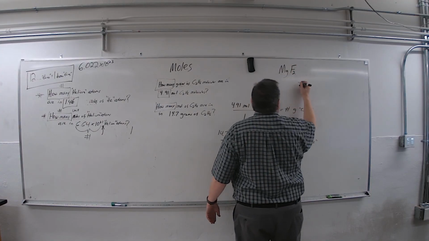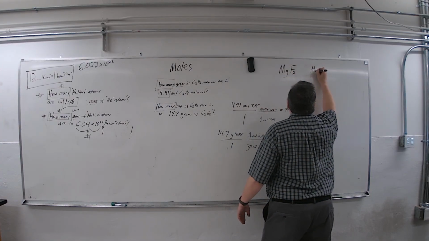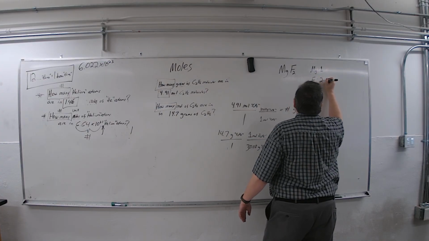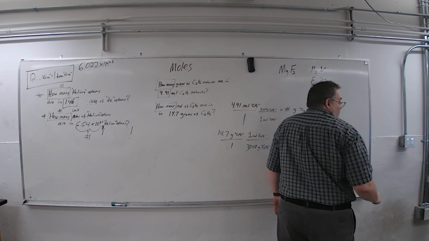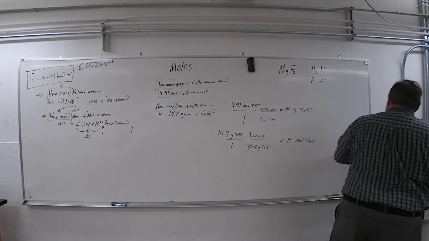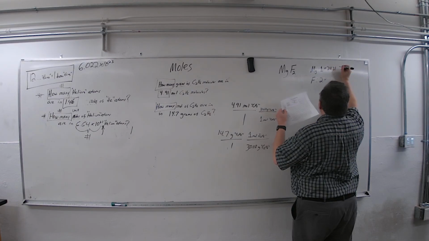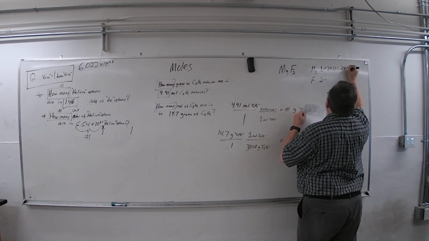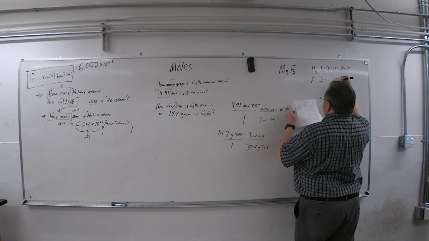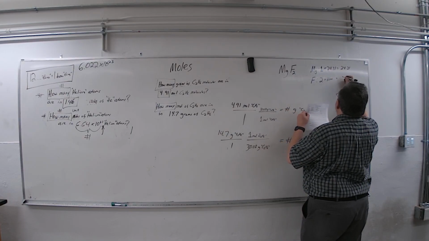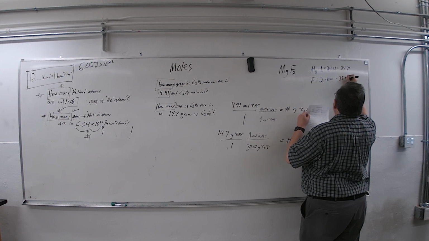MgF2. In this case, we have 1 Mg, 2 fluorines. Grab your periodic table. Mg is 24.31, but that's times 1, so it's just 24.31. And fluorine is 19.00 grams per mole. 2 times that is 38.